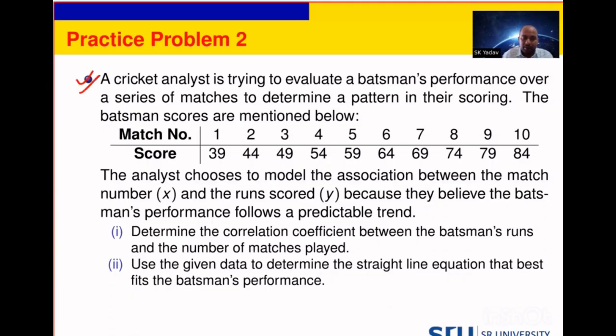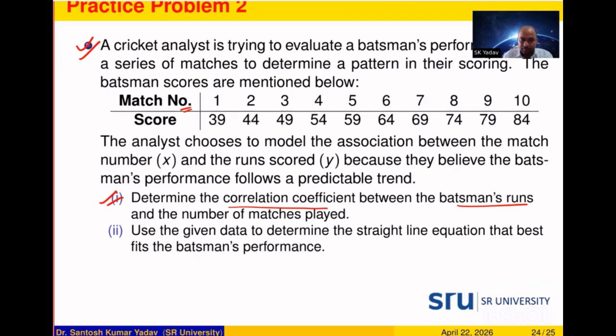The match numbers and scores are given for the players. Determine the coefficient of correlation between the batsman's runs and the number of matches played. Then use the given data to determine the straight line that best fits the batsman's performance. That means you have to fit a line y equal to a plus bx.